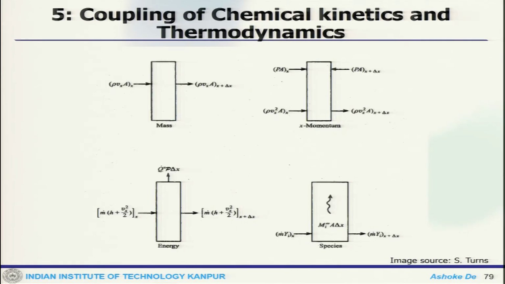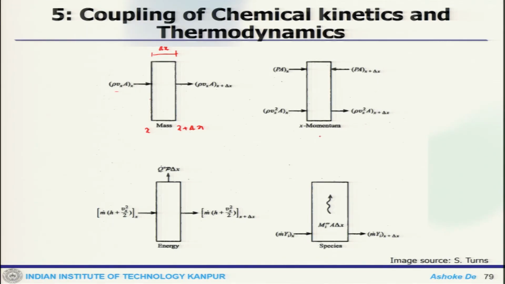Now, we write down the mass conservation. That is the control volume. Whatever comes in goes out, between x and x plus delta x. That strip is a small infinitesimal element of delta x width. So, that is mass conservation.